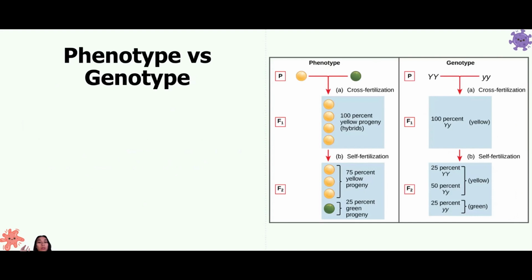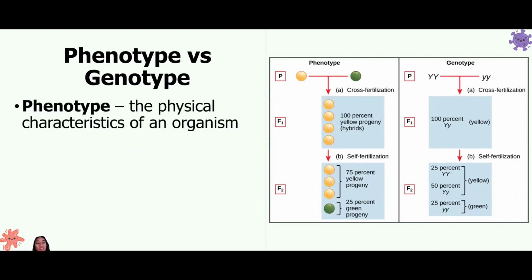Another vocab word that I want to cover in this video is the concept of the phenotype versus genotype. Phenotype is the physical characteristics of an organism. The way I remember it is pH, physical, they both start with pH: phenotype, physical. These are the things that you can see. What Mendel was studying were the phenotypes.